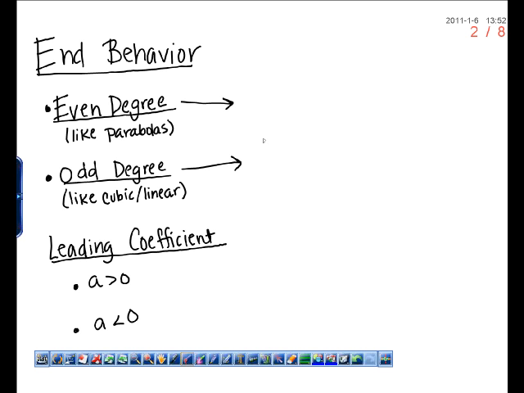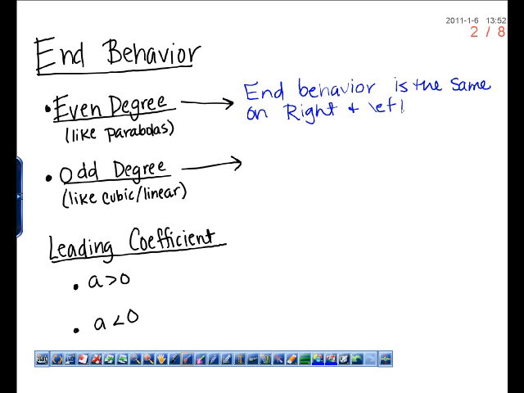When I have an even degree, the end behavior is the same on the right and left. Even degree means we have the same right and left end behavior.